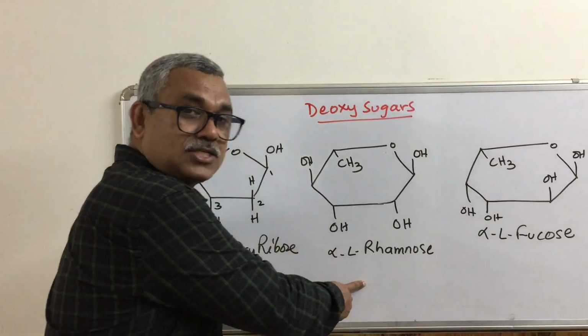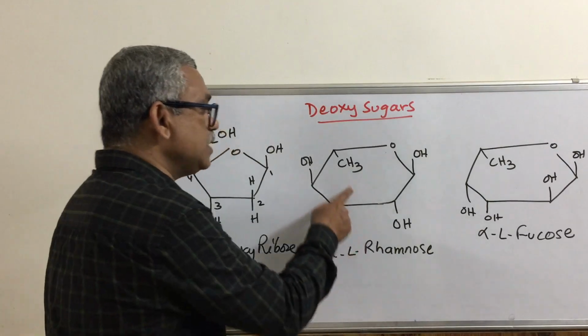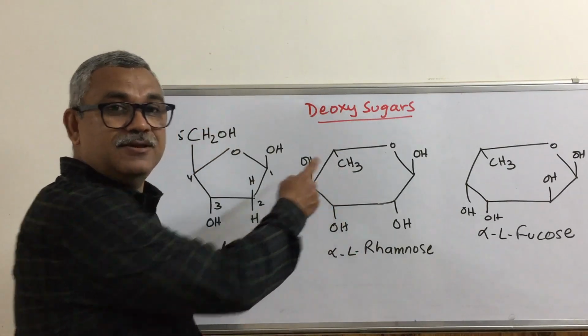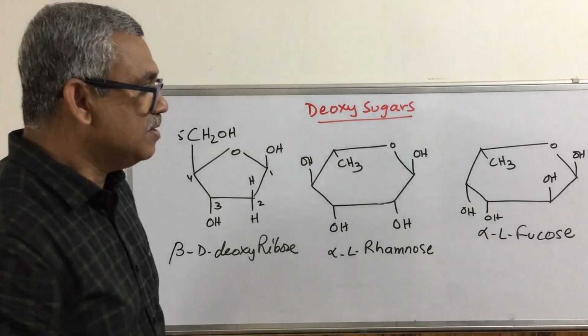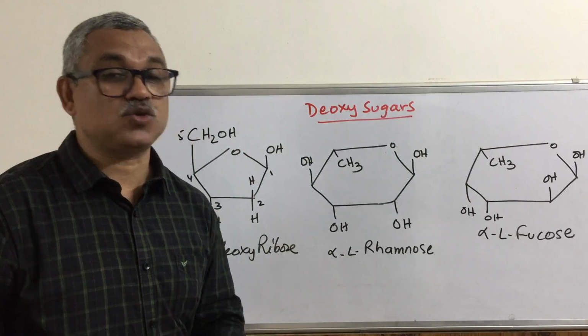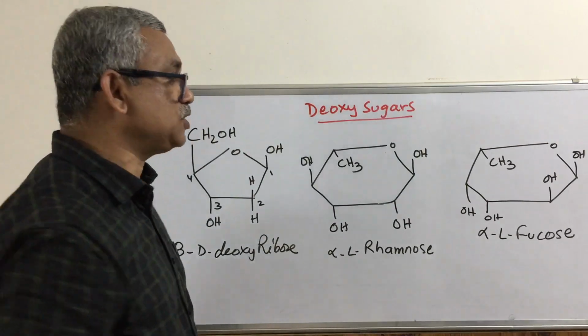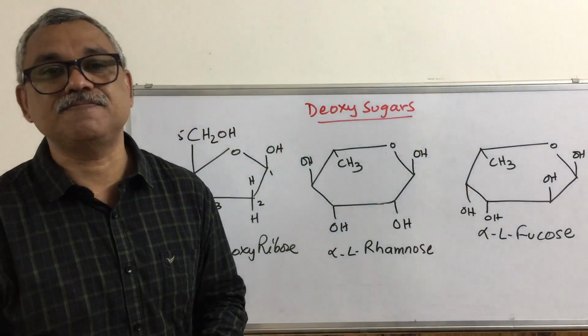Look at the next deoxy sugar, alpha L-rhamnose. At position number 6, it is deoxy. Oxygen has been removed. Similarly, L-fucose, which is found in algae and also in blood group substances, has the oxygen removed at position number 6.